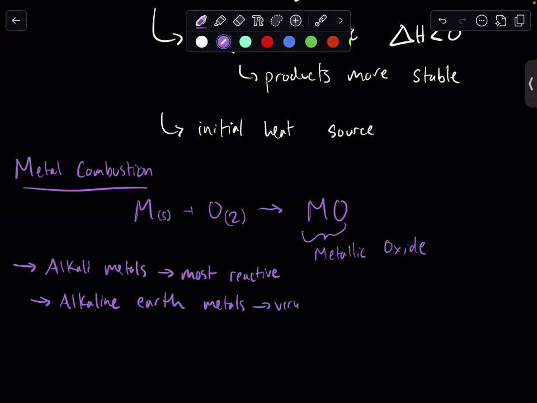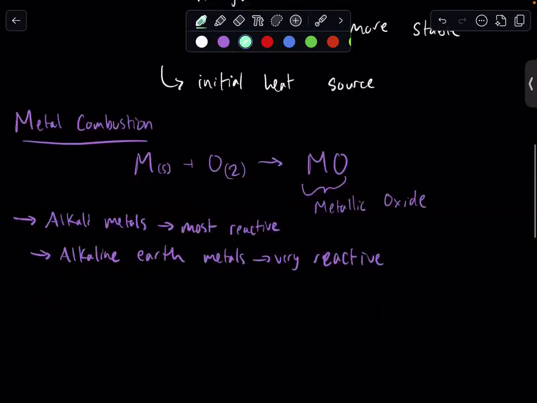Those are still very reactive. When we have these react with oxygen in a combustion reaction, we always know we're going to get a metallic oxide, but they also produce heat and light.